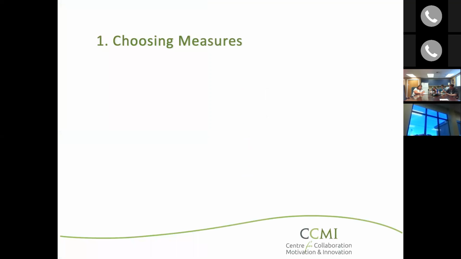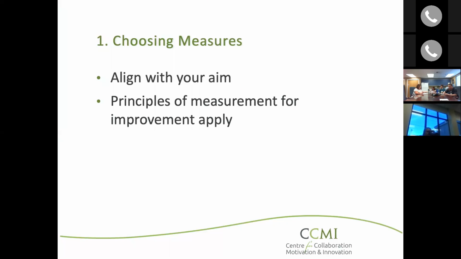So breaking down each of those, the first step is choosing measures. And when we think about choosing measures, some of the things we like to think about are, how can you align the measures with your aims? So if you want to improve the rate of primary care provider follow-up, you'll of course also want to be measuring the rate of primary care provider follow-up. We also want to think about our principles of measurement for improvement.